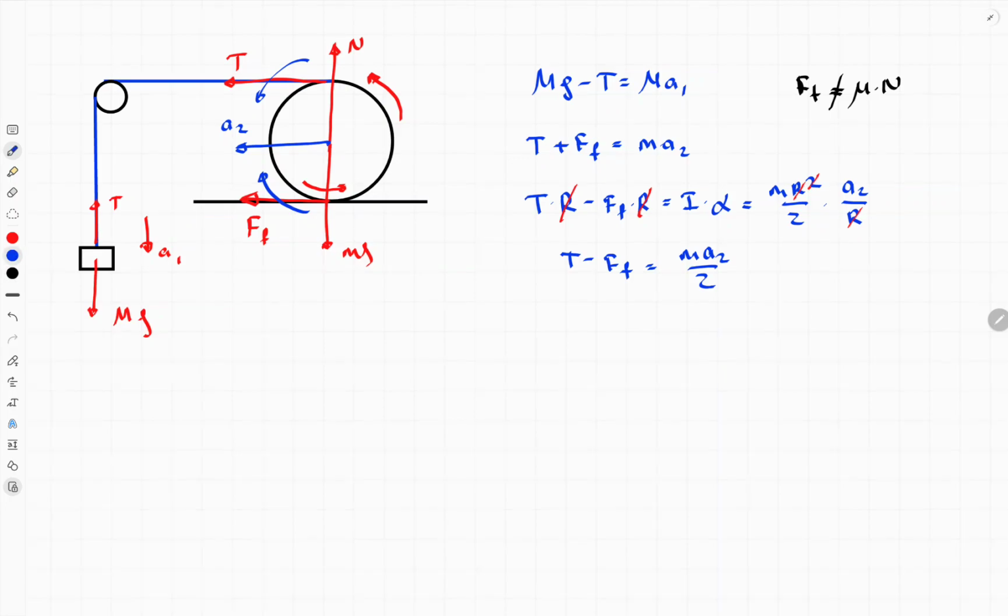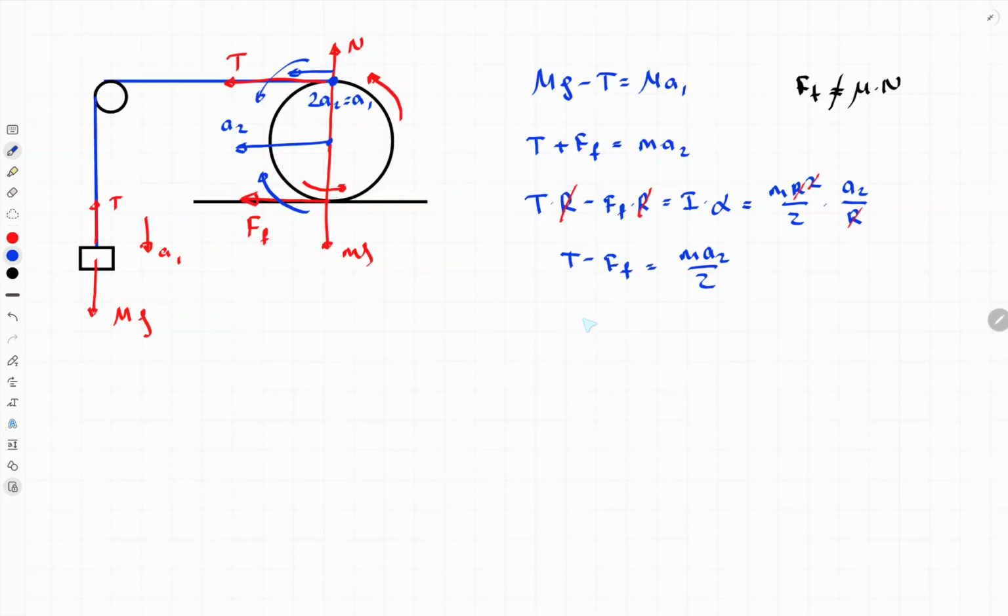And we know that the velocity of the cylinder at this point is 2 times greater than the velocity of the center of the cylinder. The same we can say for acceleration. The acceleration here is 2 times greater than the acceleration of the center. The center acceleration is A2, so here it should be equal to 2A2, which is basically A1, because this part is attached to the rope and the whole rope is moving with acceleration A1.